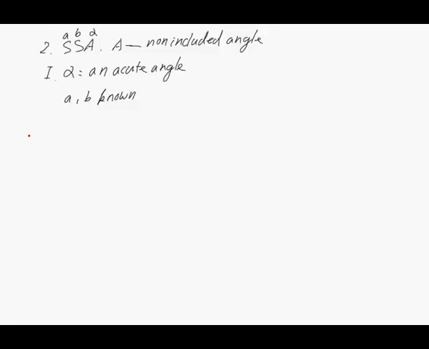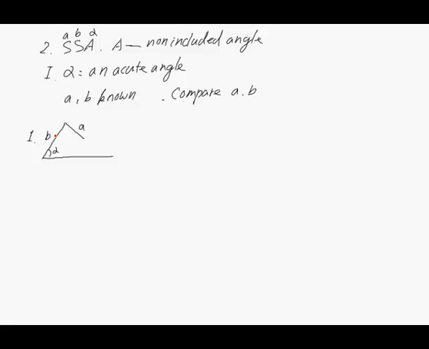So let's first draw the sketch. Case 1 is like this. So this is the angle alpha, and this is length B, and then this is length A. So we need to compare the A and B first.